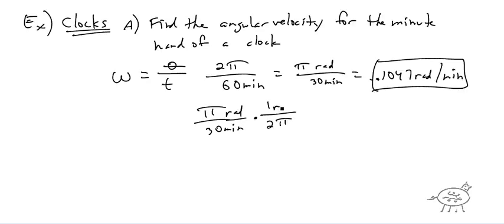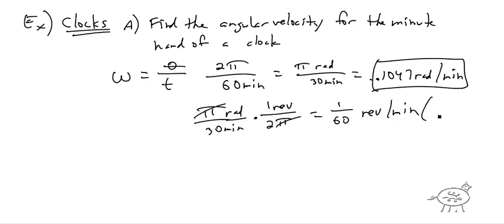That cancels out, and you get 1 over 60 revolutions per minute, which makes sense. 1/60th of a revolution for every minute, because in 60 minutes you would have 1 revolution.